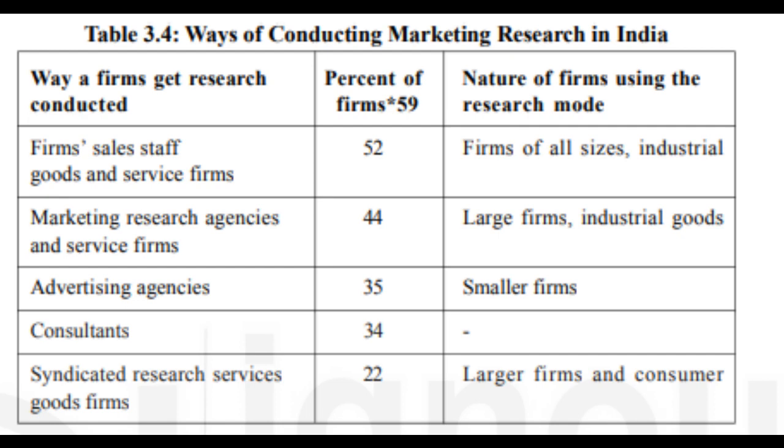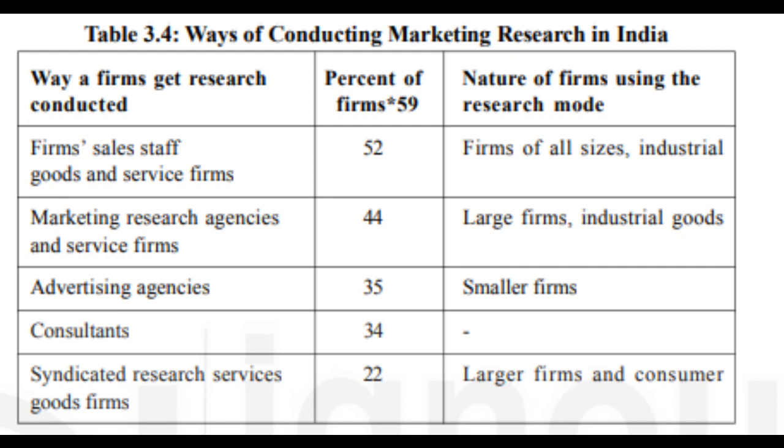The last 2 decades have witnessed phenomenal growth in the importance of outside agencies for meeting the marketing research needs of Indian firms. Seeing growth in demand for various types of marketing research services, a number of marketing research agencies have been set up in the country. These research agencies provide customized as well as syndicated research services to their clients.